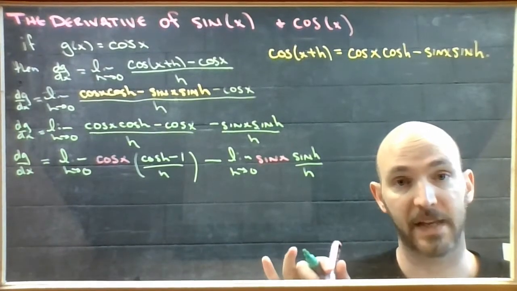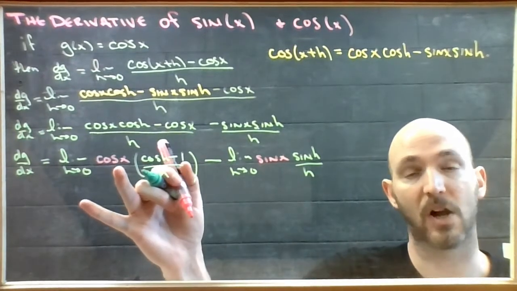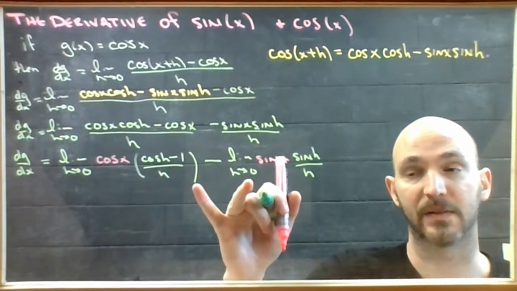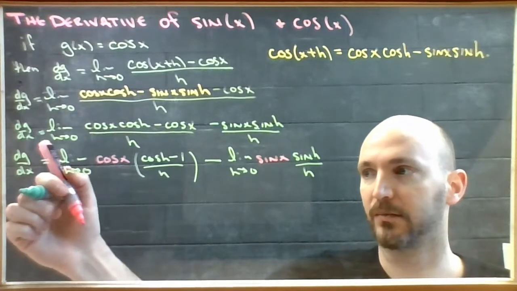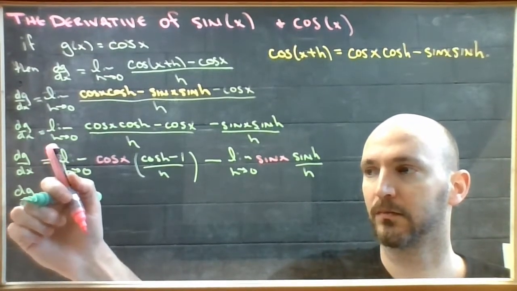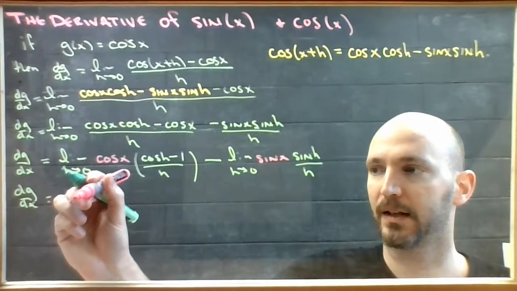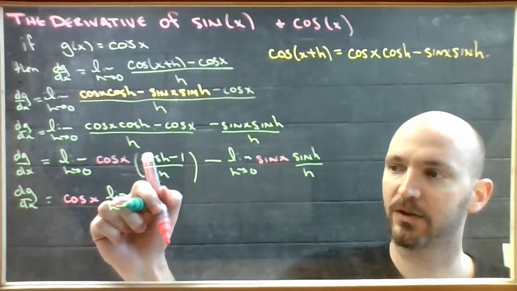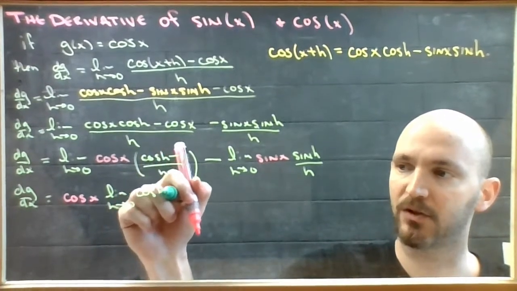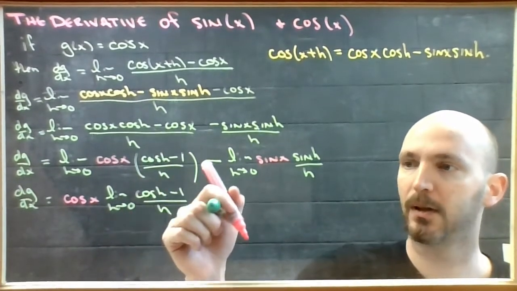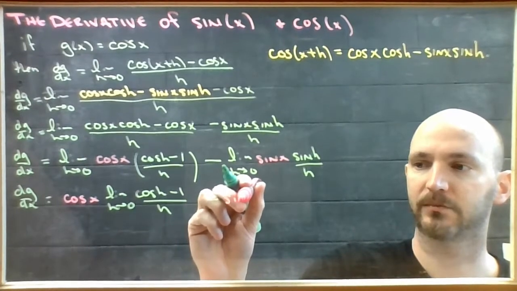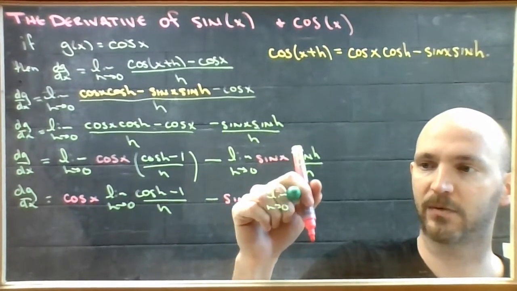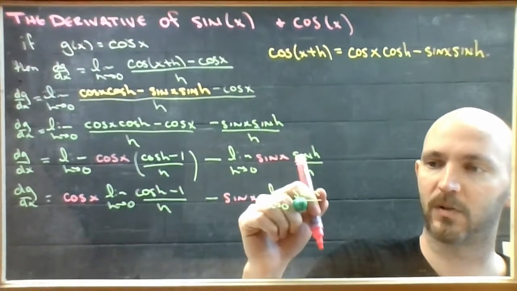So again, just like in the sine example, this does not contain an h, so it's not affected by that operator. Neither does this. So I'm just going to write them in front. It's cosine x, limit as h goes to 0 of cos h minus 1 over h, subtract sine x, limit as h goes to 0 of sine h over h.